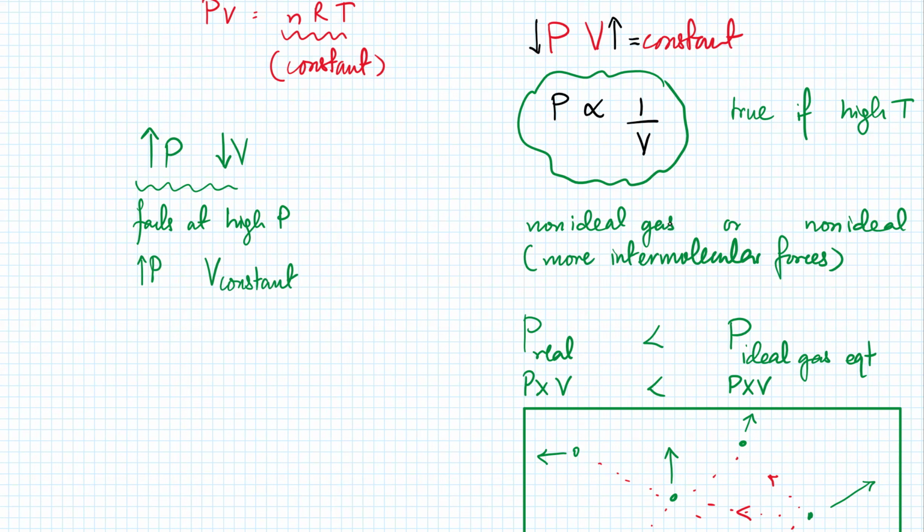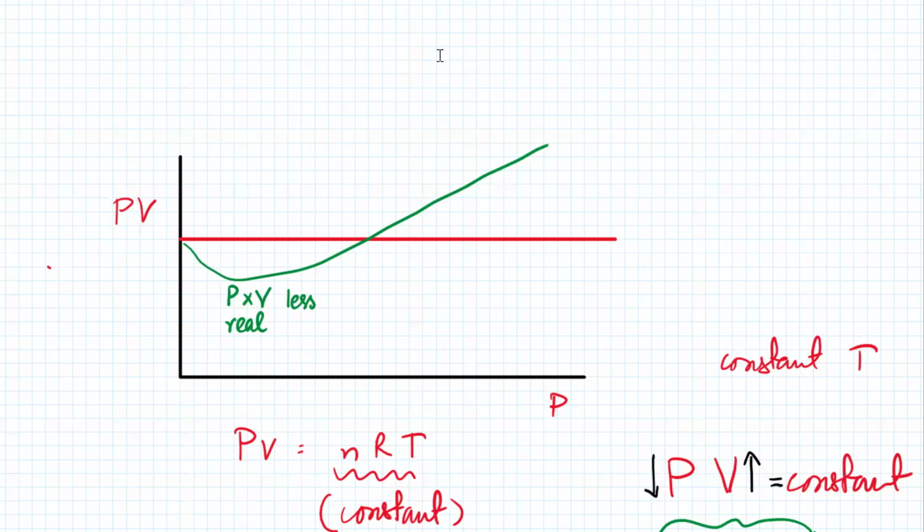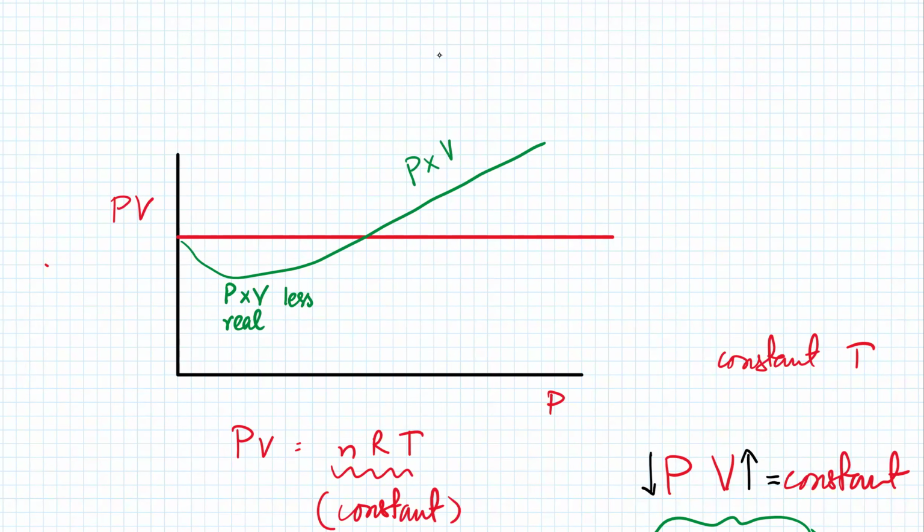Previously it was coming out to be a constant because one was increasing and the other was decreasing. But now one is increasing and the other is constant, so your value will now increase. So at high pressures, P into V increases because V becomes constant.